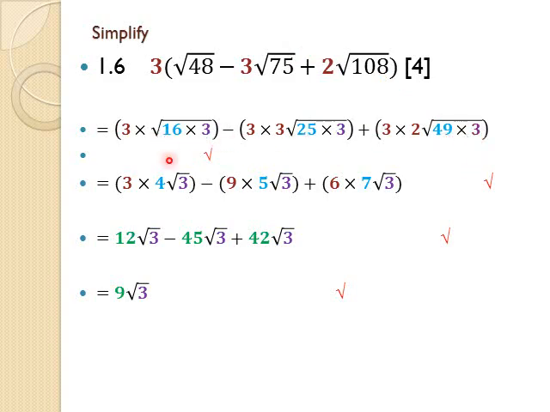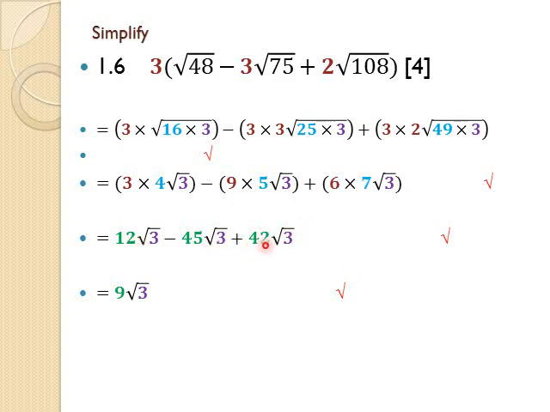Now the square root of 16 would give me 4 square root 3, minus, I assume you know 3 times 3 is 9, the square root of 25 gives me 5 square root 3. 3 times 2 would give me 6, the square root of 49 is 7 square root 3. If I multiply out, 3 times 4 gives me 12 square root 3. 9 times 5 would give me negative 45 square root 3. 6 times 7 would give me 42 square root 3.